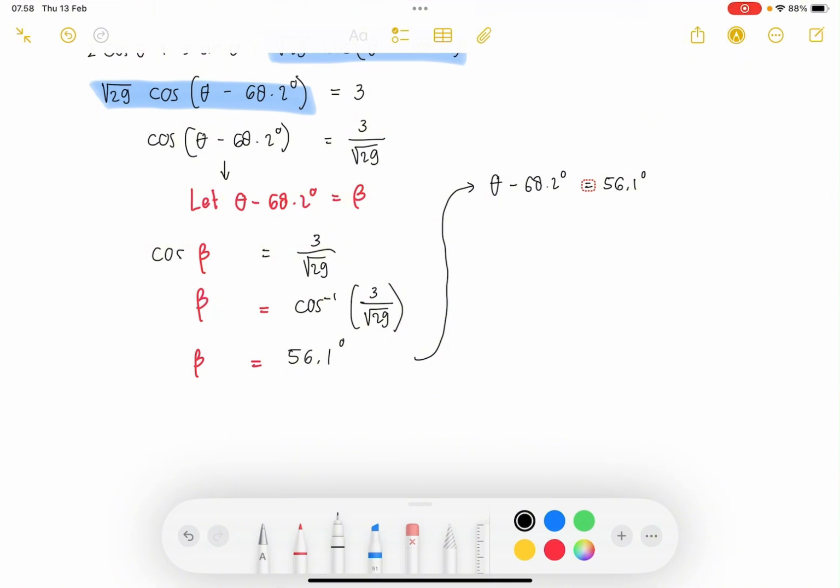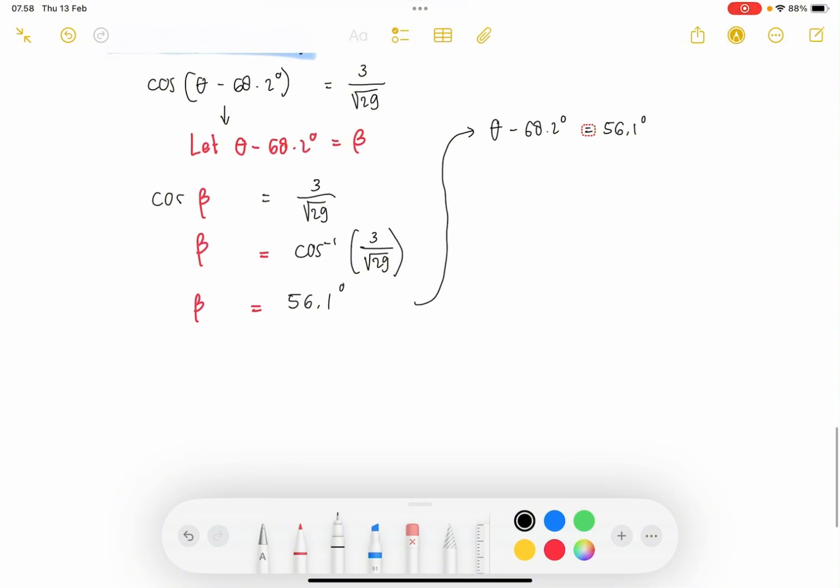But the problem is, is this the one and only value that we need to check? Okay, let's check. Remember, this beta actually has another interval. For theta, earlier we have it from 0 until 360, right?